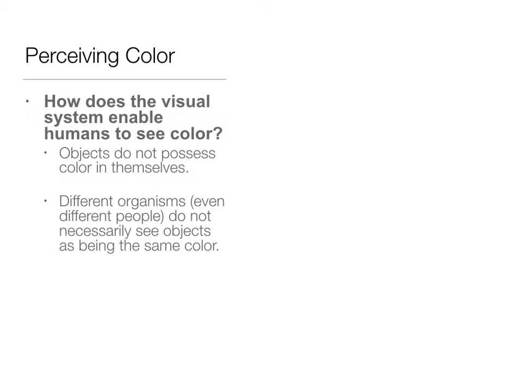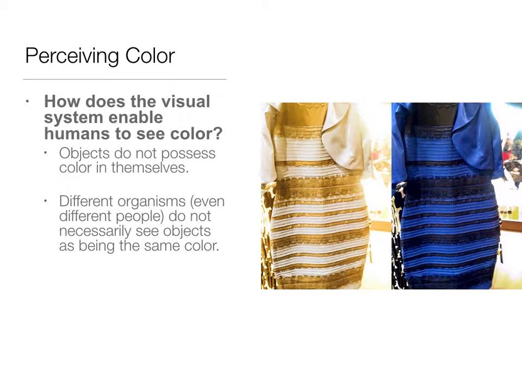What's neat, though, is that different organisms, so us versus dogs versus cats versus any other kind of organism, don't necessarily see the same objects as being the same color. Even different people don't see the same objects as the same color. One of the most famous examples recently is the dress.